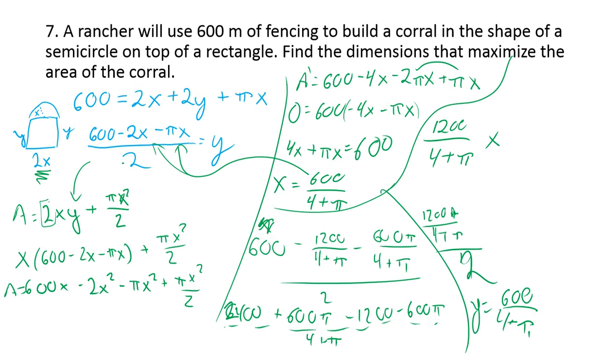So our two dimensions would be 1200 over 4 plus pi and 600 over 4 plus pi, which come out to be approximately 168 point something and double that, so 200 and something.